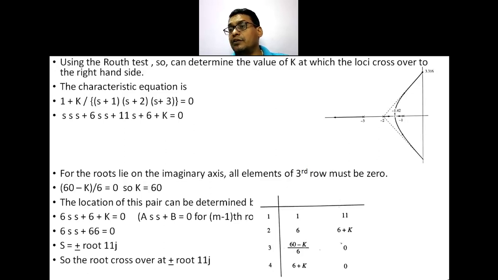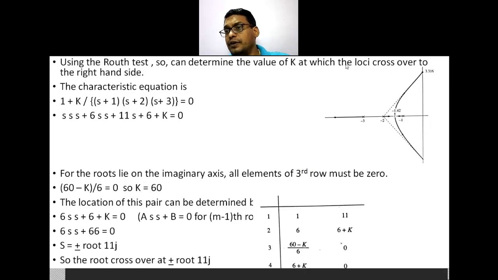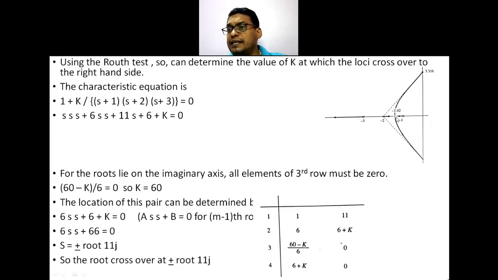That means they may go into the unstable part when they cross the imaginary axis.